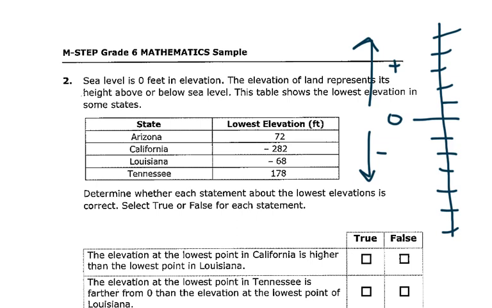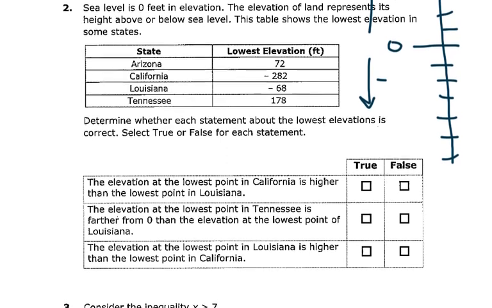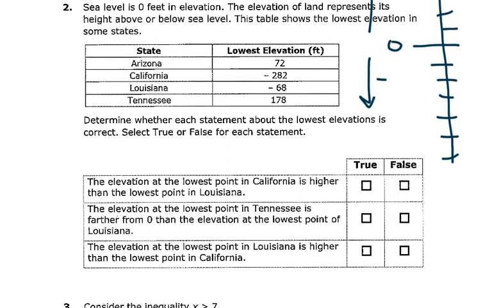Okay. So, determine whether each statement about the lowest elevations is correct. Select true or false for each statement. So, I'm going to read them all to you. I'll do one of them with you. The elevation at the lowest point in California is higher than the lowest point in Louisiana. So, let's look.